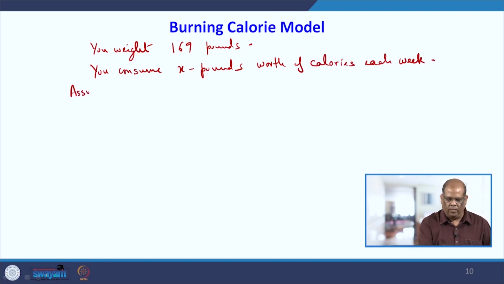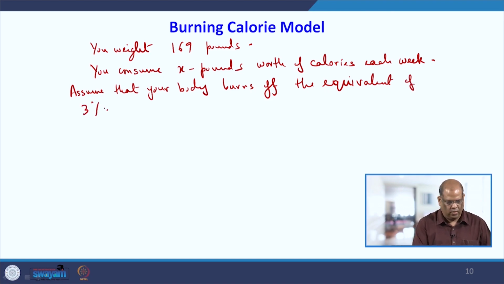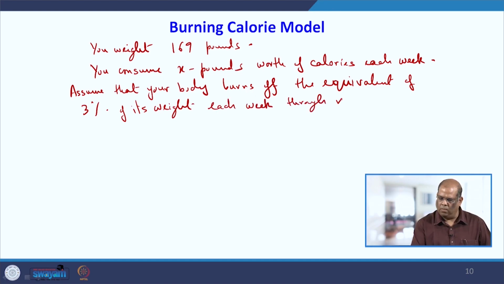Assume that your body burns off the equivalent of 3% of its weight each week through normal metabolism.